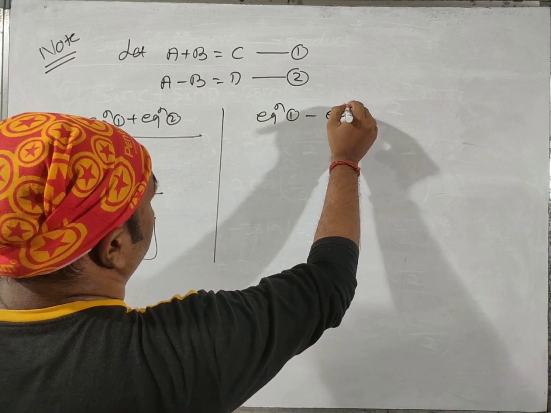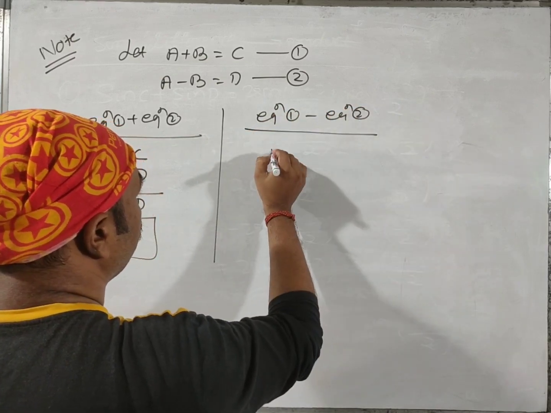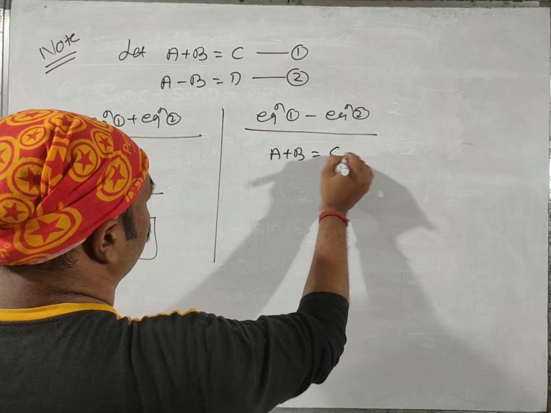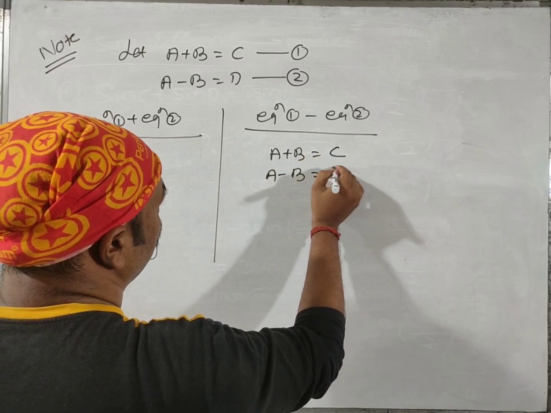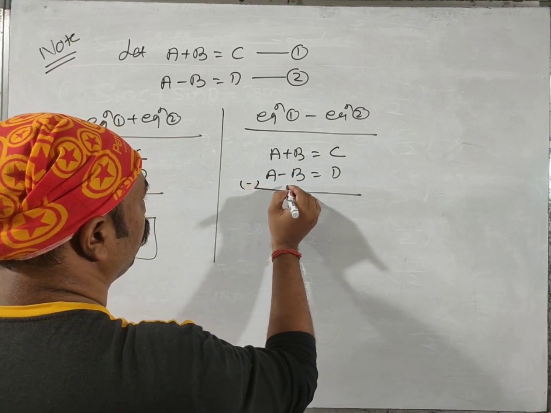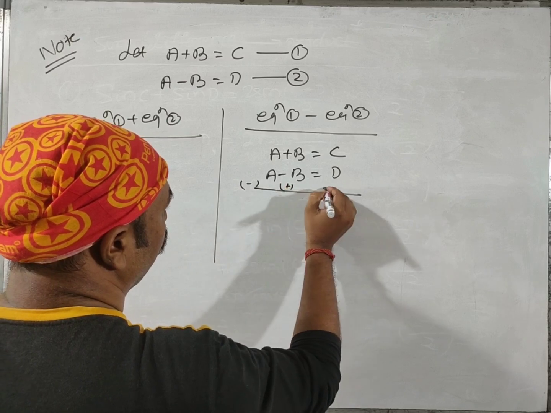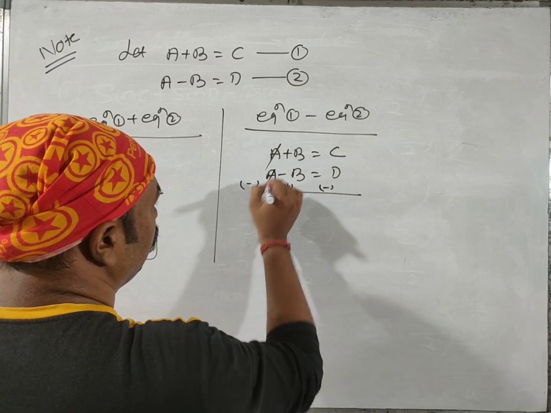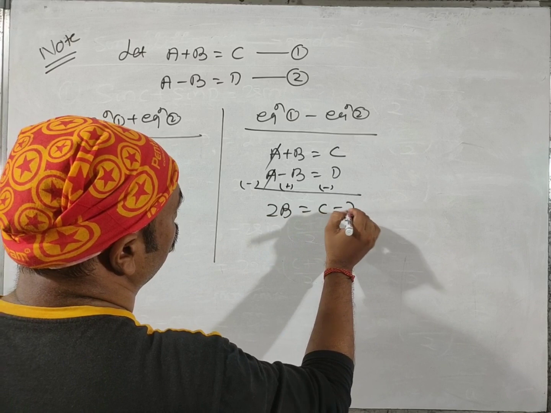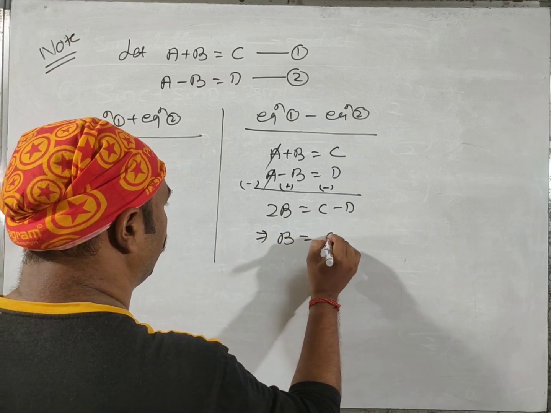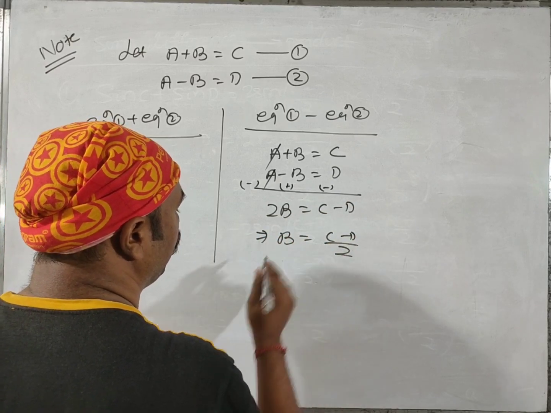Subtracting equation 2 from equation 1, we have 2B is equal to C minus D. That implies B is equal to (C minus D) divided by 2.